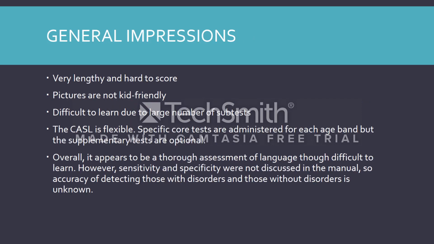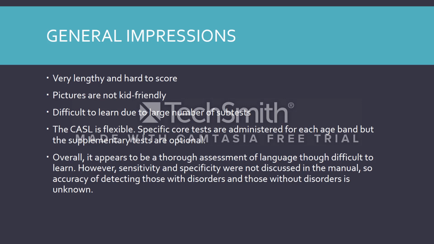The general impressions that we had were that the test was very lengthy and difficult to score because of the different categories and age bands, and the pictures are not very kid-friendly, as you might have noticed. It is difficult to learn due to the large number of subtests, but the CASL is flexible because although there are 15 subtests, they are specific to the age band, so not all of them are used, and the supplementary tests are optional.